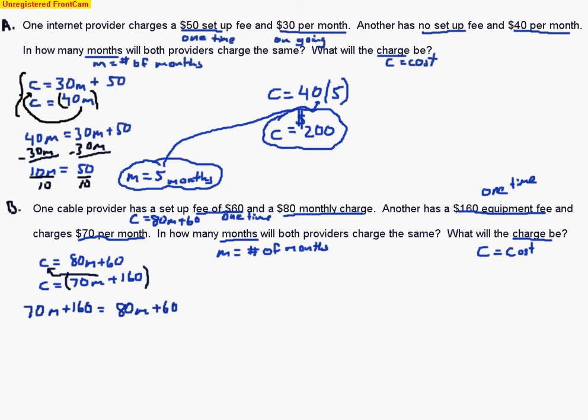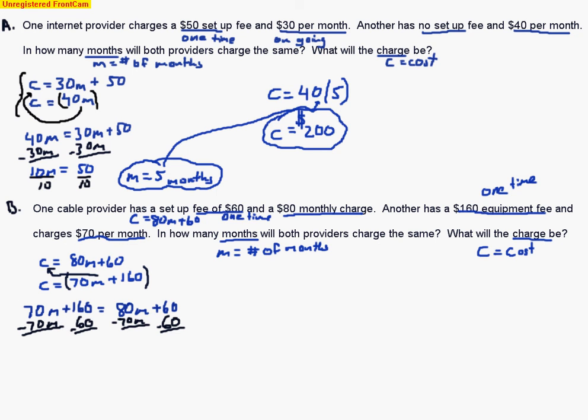We can go ahead and solve with opposite operations again. We're going to subtract that 70M from both sides, and we'll also subtract this 60 from both sides. So now what do we have?